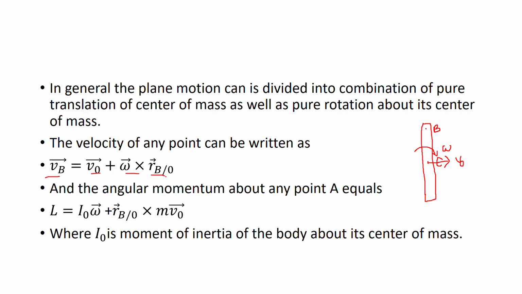RBO is the position vector of B with respect to O. If it is in the horizontal direction and in the XY plane, we don't have to go for this vector notation. We can simply write VB equals V0 plus omega into x, since the cross product simplifies. So we need not worry too much about the vector notations.